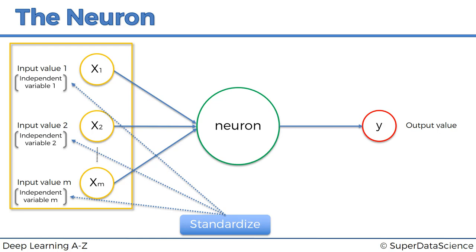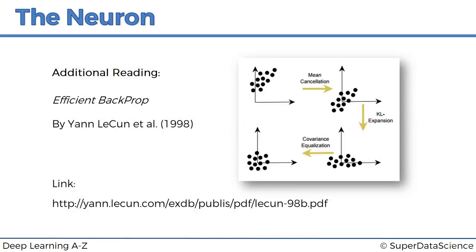If you want to read more about standardization, normalization, and other things that you can do with your input variables, a good additional reading paper is called Efficient Backprop by Yann LeCun, 1998. The link's over there. We're actually going to talk more about this phenomenal person in the space of deep learning in the part of the course where we're talking about convolutional neural networks, and you'll see that this is definitely a person who knows what he's talking about.